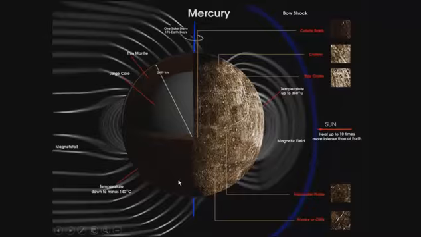A lot of iron present in here, and that creates quite a large magnetic field for a body quite close to the sun. We can see plains, we can see cliffs, craters, lots of craters, and basins. And with Mercury, remember, one solar day is about 176 Earth days. So one day on Mercury is a long time in terms of Earth days.